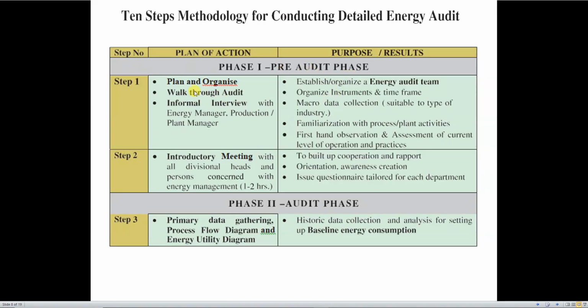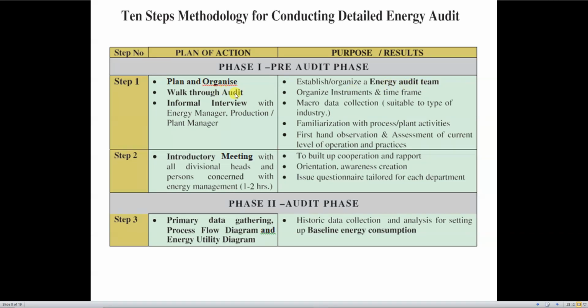So the first plan of action here in the pre-audit phase is to plan and organize. Plan and organize what? You have to plan the audit. Whatever we are going to audit, whatever steps we are going to take, we have to plan in this case, and we have to organize the planning or the steps in a regular, disciplined manner. So this action will give us results which will establish or organize a team, the energy audit team.